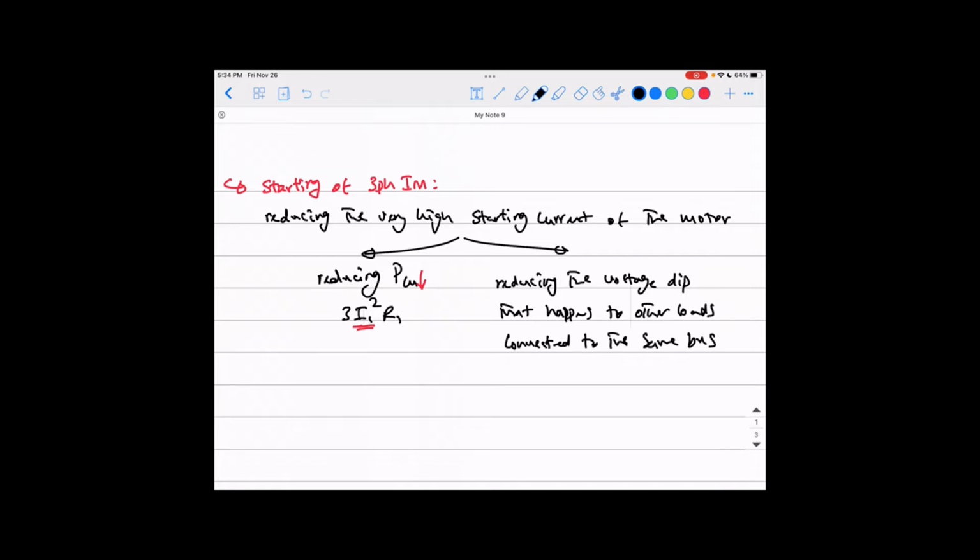That means the voltage of the bus you're connected to will drop, and that's not good for any kind of load connected to it, especially motors, because the torque of the motor is related directly to the voltage. This reduction in voltage will severely reduce the torque capability of the motor, and it may burn down if it has a heavy load.